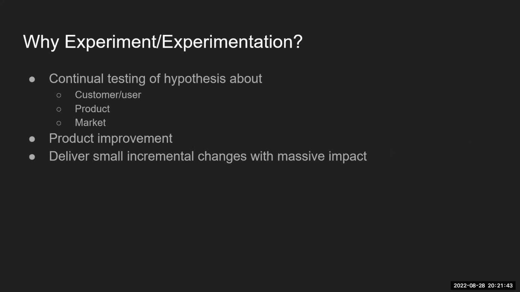So why experiment and experimentation? Experimentation is the process you follow in making sure that you design a good experiment. And the simple reason for experiment is to continually test hypotheses. These hypotheses could be about the user, the product, or the market. For the product, you have two screens and you want to test which one has more conversion.